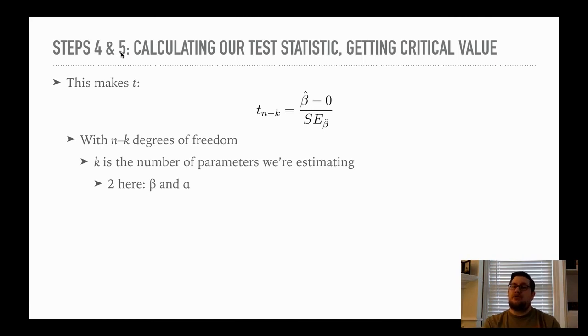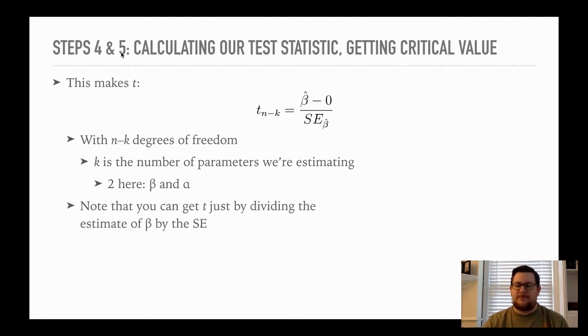Now, if you include 10 independent variables, so you have x1, x2, x3, all the way up to x10, then you're estimating 11 parameters: all 10 of those plus alpha. We still have that intercept, sometimes called the constant, that we have to think about. So what does this mean? It means that you can get the t value simply by dividing beta by its standard error.